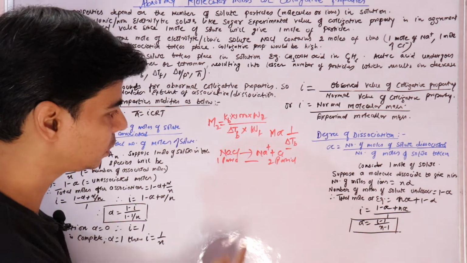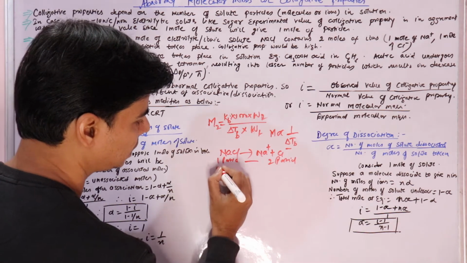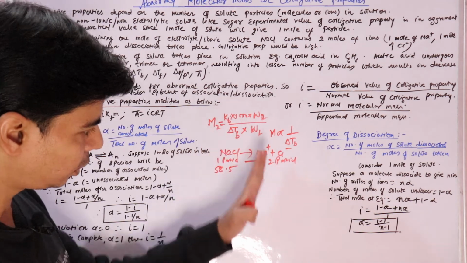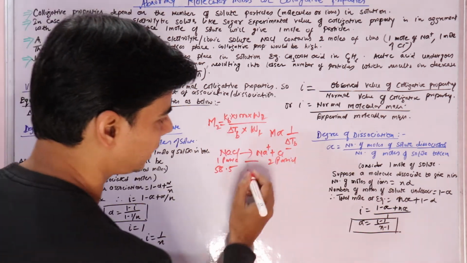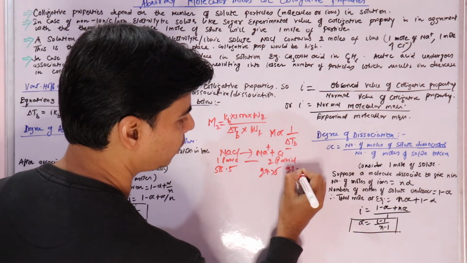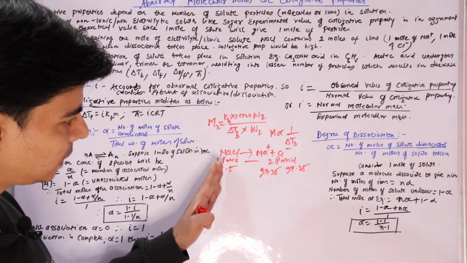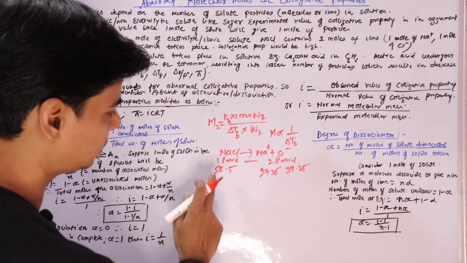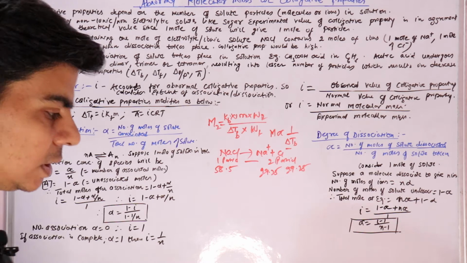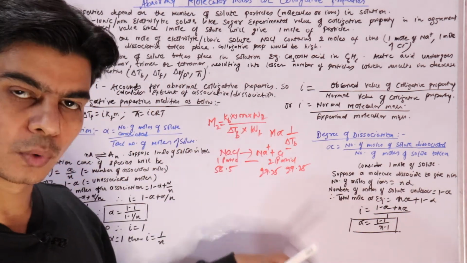Now let's see how the molecular mass will decrease. We know that the molecular mass of sodium chloride is 58.5, and the molecular mass of sodium and chloride ions was found to be 29.25 and 29.25. This is the observed value. So the molecular mass is reduced for the particles that resulted on dissolving sodium chloride in water.